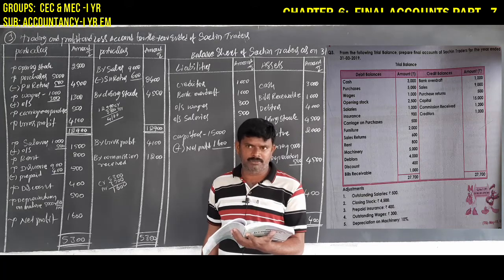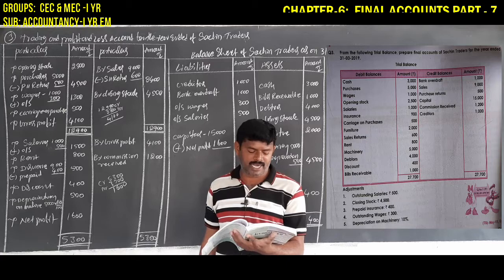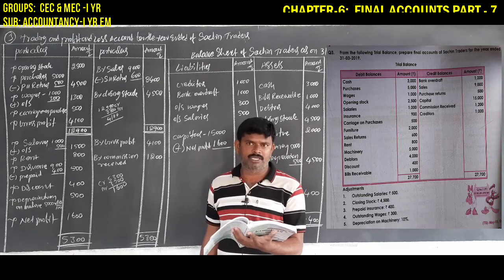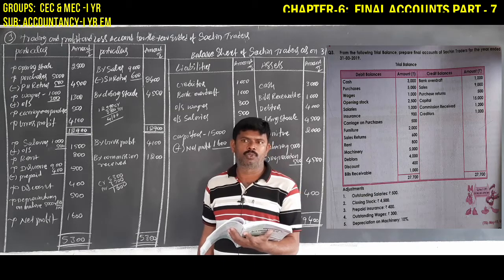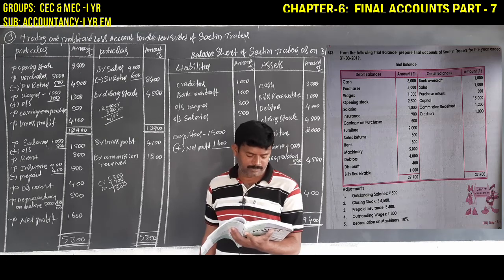Closing stock must be on the trading account credit side, and it must be an asset of the balance sheet. Prepaid insurance is on the asset side and must also be deducted from the insurance. Outstanding wages must be added to wages in the trading account, and the same amount must be shown on the balance sheet liability side.